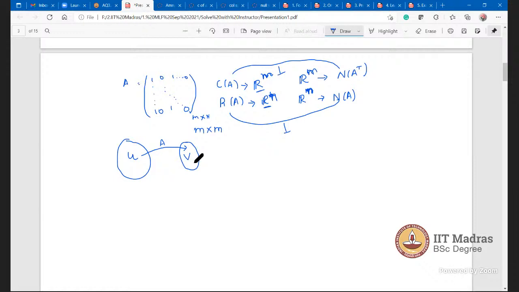But if column space of A represents U, then null space is within that U itself, because some vectors in U which get mapped to 0 are the null space. So this map A, when some vectors belonging to vector space U are transformed through A, go to 0 in V. That is the null space of A.